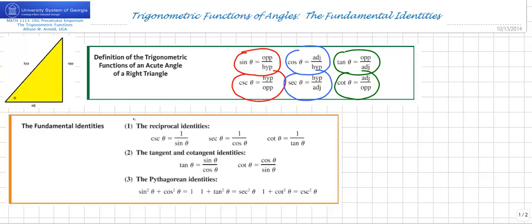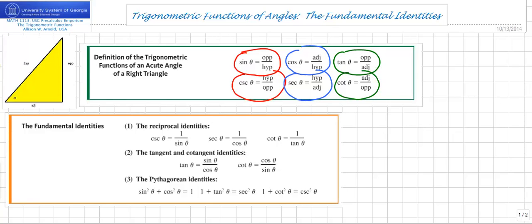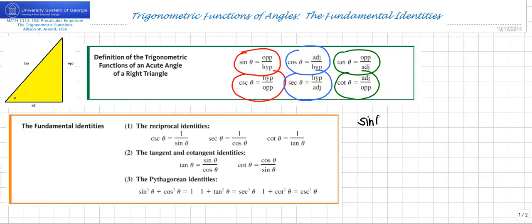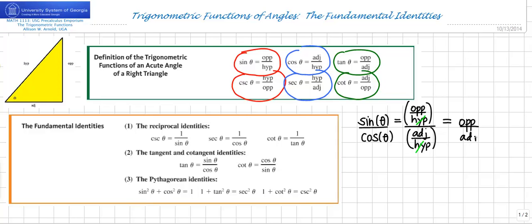The tangent-cotangent identities are also birthed from the definition. You may notice that if you take the definition for sine and the definition for cosine and fill those in as a quotient, so that would be opposite over hypotenuse divided by adjacent over hypotenuse, your algebra skills would lead you to concluding that this is the same ratio as opposite over adjacent, which is the definition of tangent of theta.